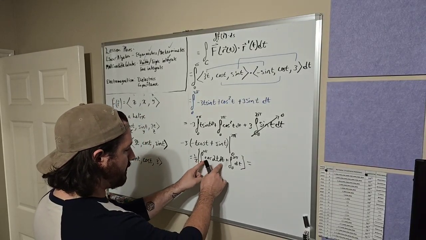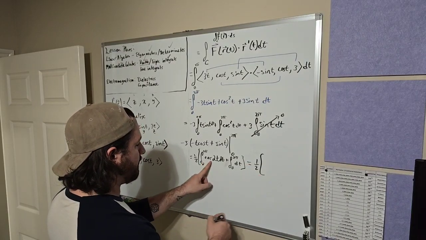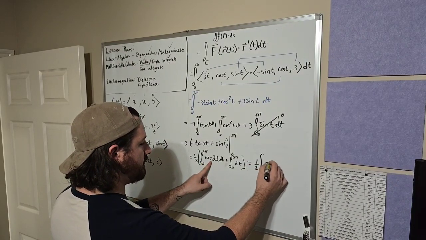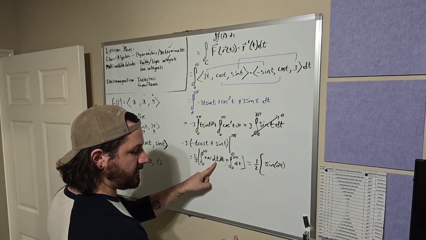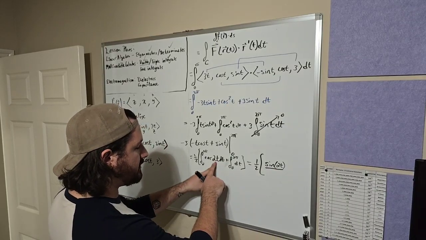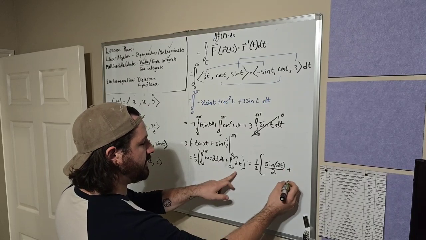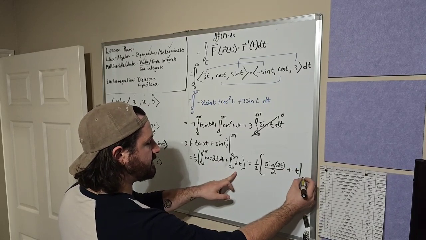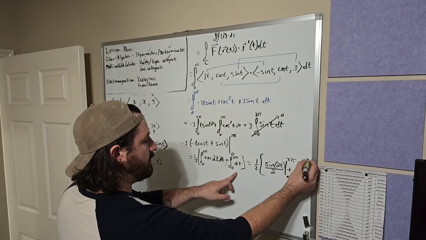You just take the integral of the cosine as normal, so we're going to still have our 1/2, and the integral of cosine is just going to be sine, and the inside stays the same, and then you just take the derivative of the inside and divide by that. So the derivative of 2t with respect to t is just 2, so you divide by 2. And then we just have the integral of dt is just t, and that's evaluated from 0 to 2 pi, as well as this. Right?